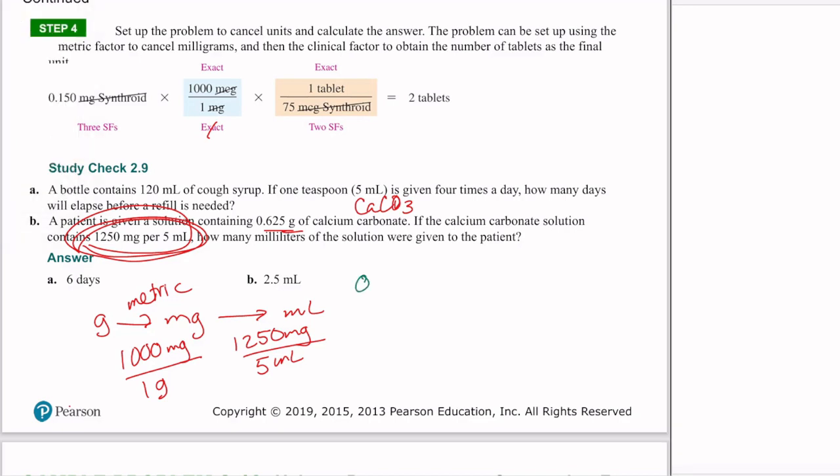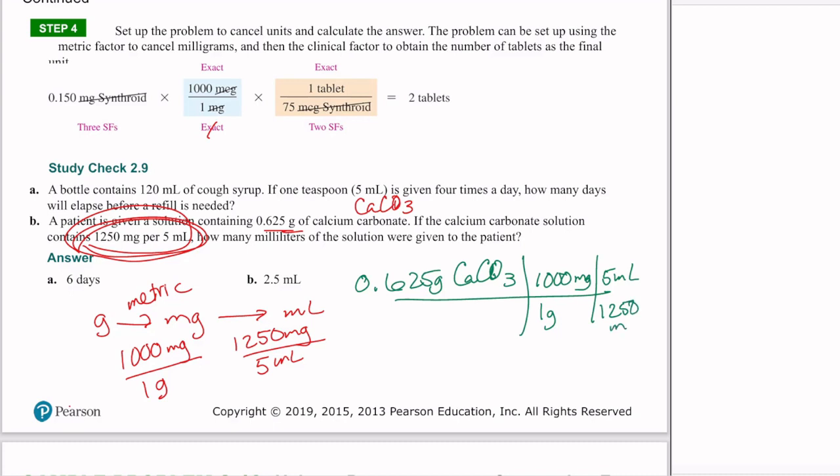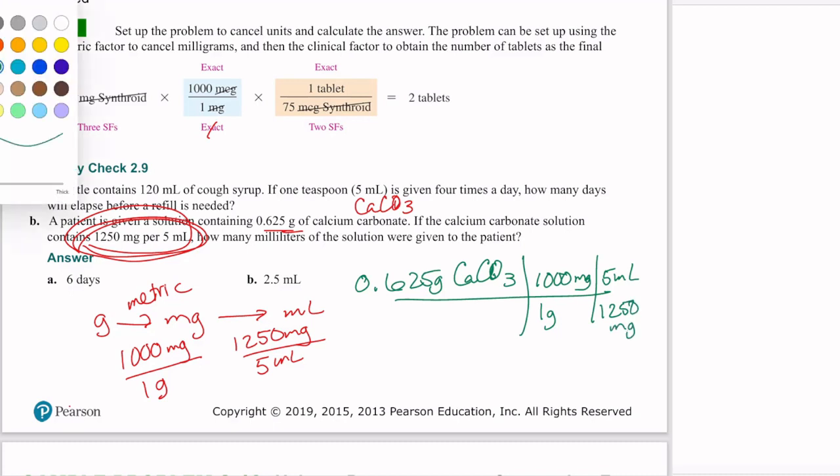So we're starting with 0.625 grams of calcium carbonate, CaCO3. We have 1,000 milligrams per 1 gram, and 5 milliliters of solution contains 1,250 milligrams.